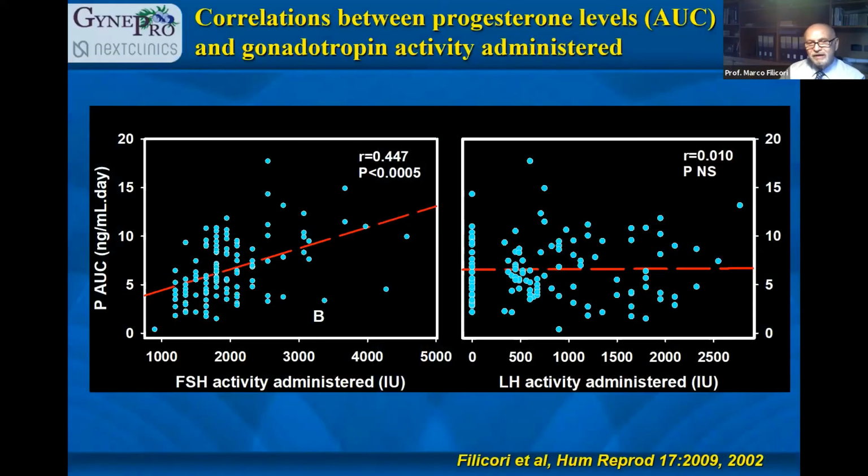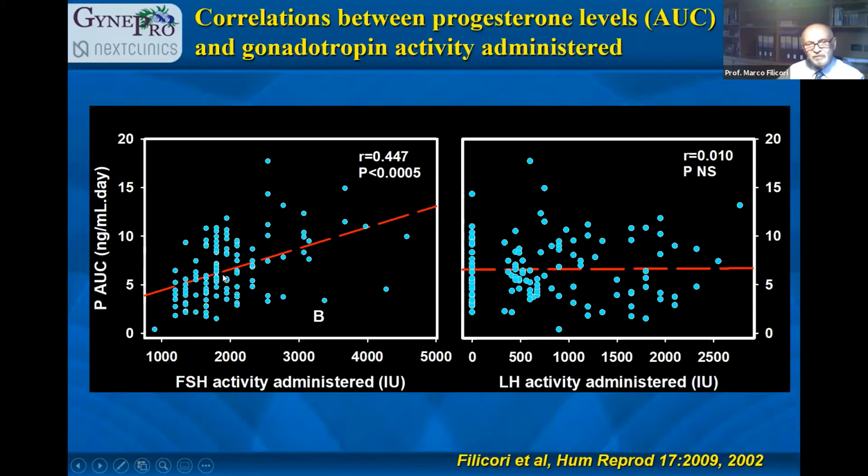And we demonstrated that in 2002 when we looked at a group of patients treated with both FSH and LH activity, and we noticed that there was a direct relationship between the amount of FSH we were giving to the patient, so that the more FSH, the more progesterone, and while there was no relationship with LH activity administration.